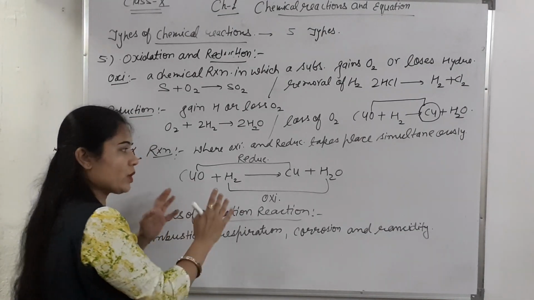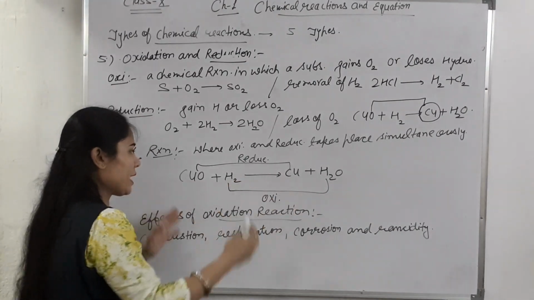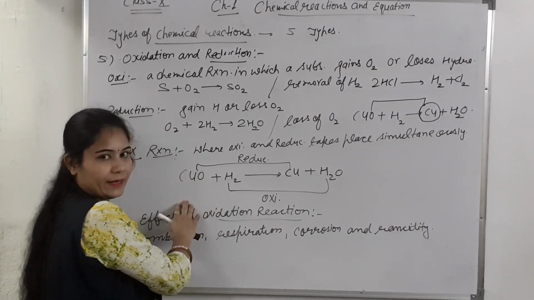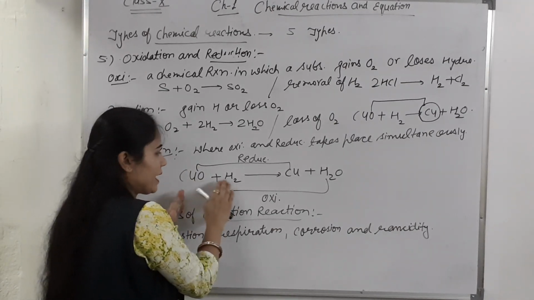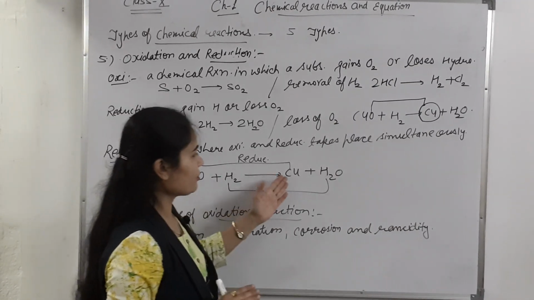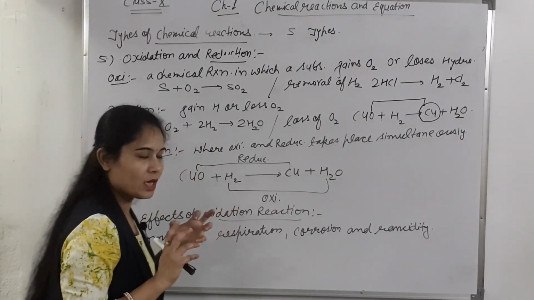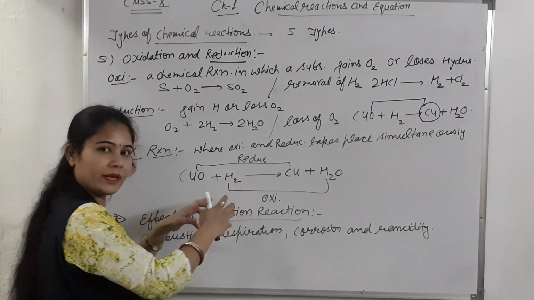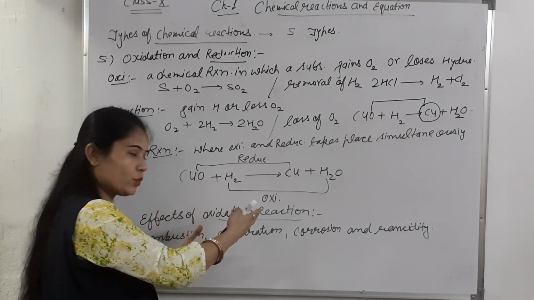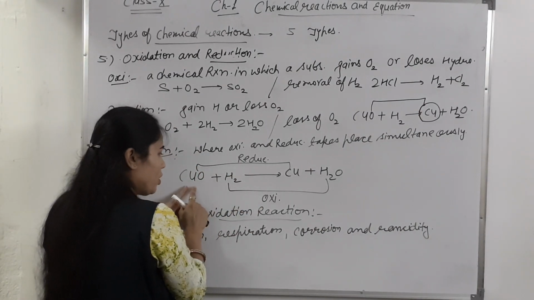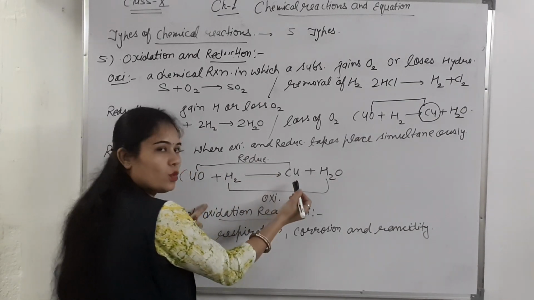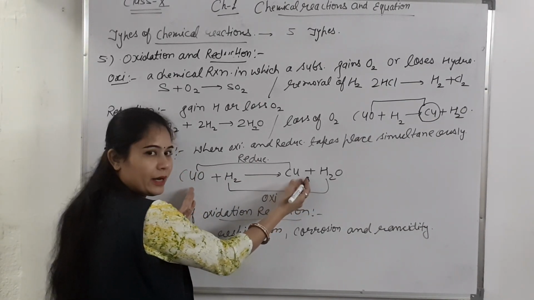Just like the simplest type of reaction, copper oxide reacts with hydrogen and gives the final product in the form of copper plus H2O. Please concentrate on the reaction. This is copper oxide, and it gets converted into copper, our final product.